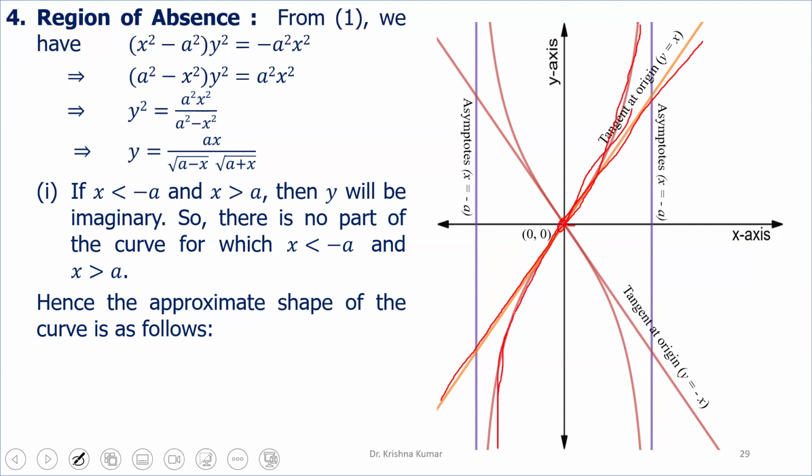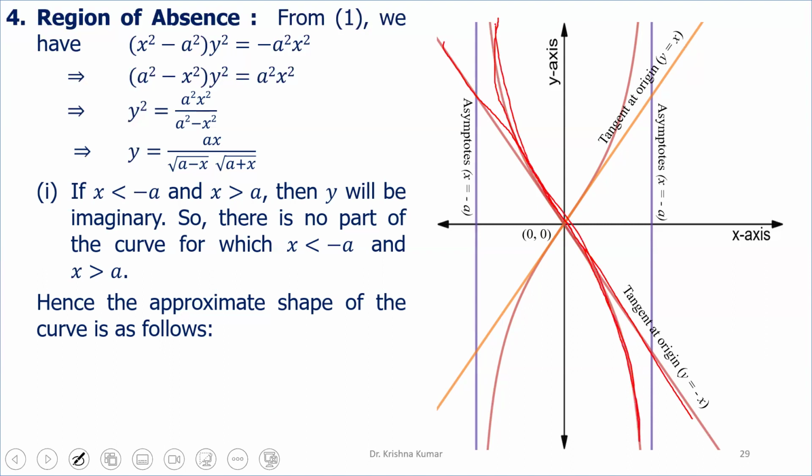So at this point, the tangents will cross the curve. The origin is the point at which there is a node. A node is not a normal point, it is an abnormal point. So at that point, the tangents cross the curve. Similarly, at this point, this is the tangent, so if we want to draw the tangent at this point, we again get the same thing.